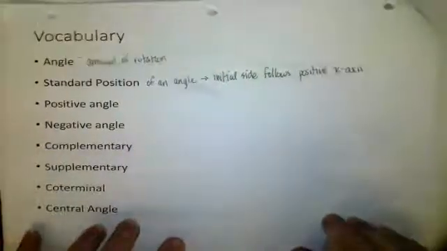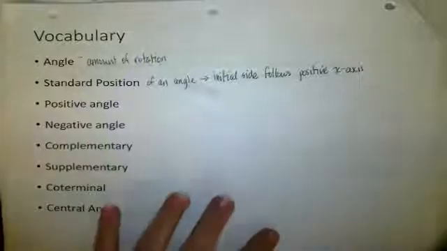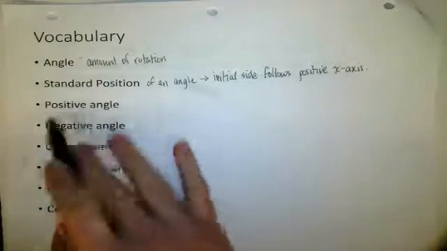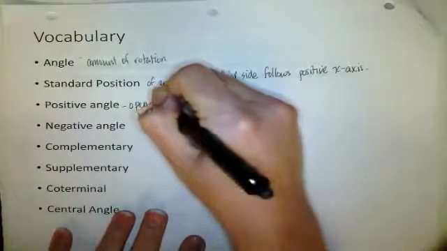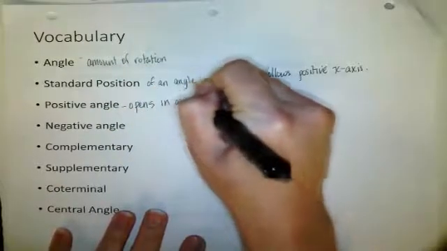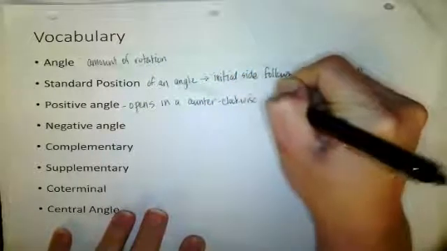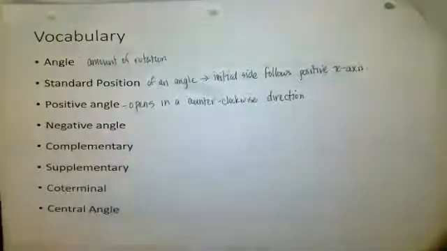And this is really important, which means that there's going to be an x-axis. All of our angles will be superimposed over a typical xy coordinate plane. And so, let's say I want to draw a positive angle. A positive angle opens in a counterclockwise direction.